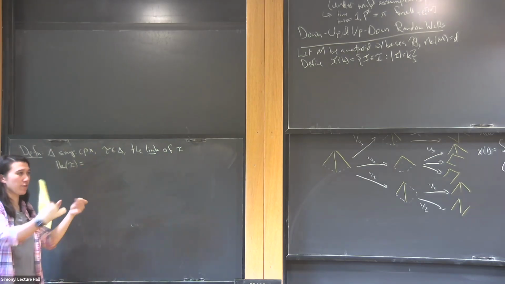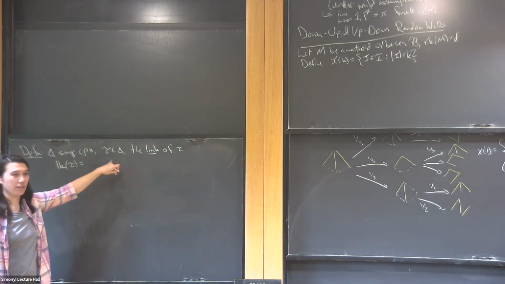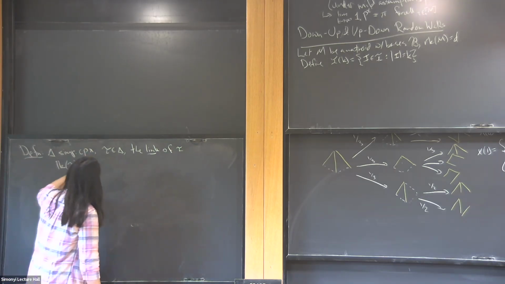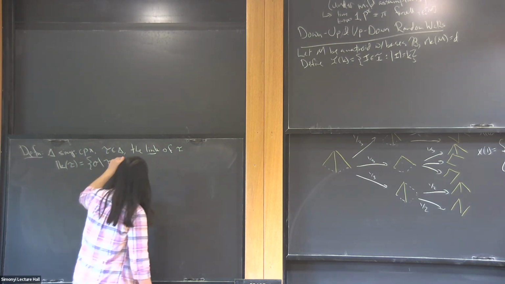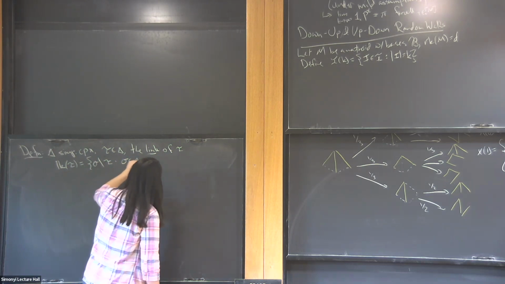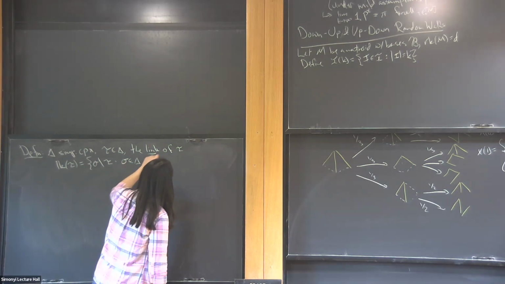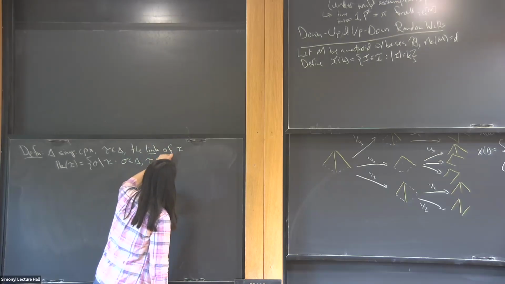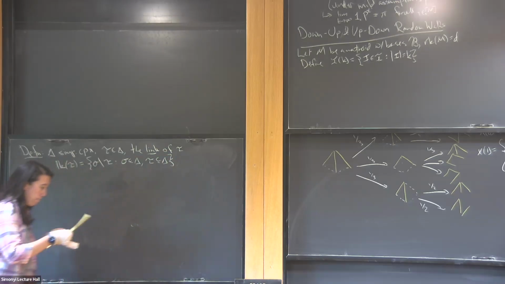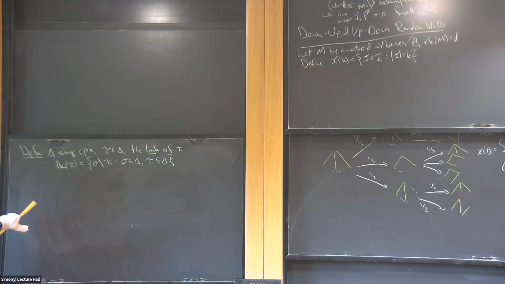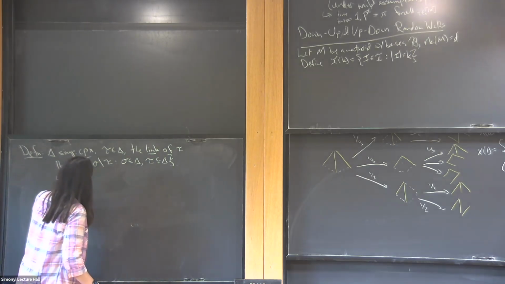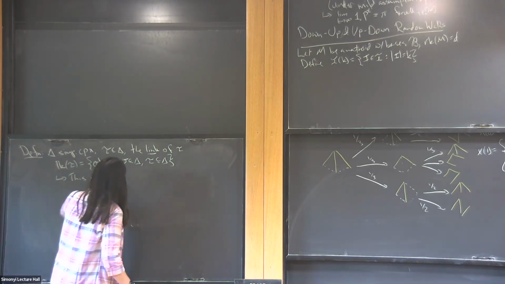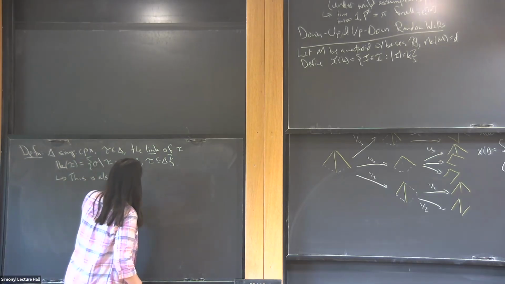You can think of this as the local picture around this simplex. Sigma is the simplex in the complex, and tau is a subset. So this is also a new simplicial complex.